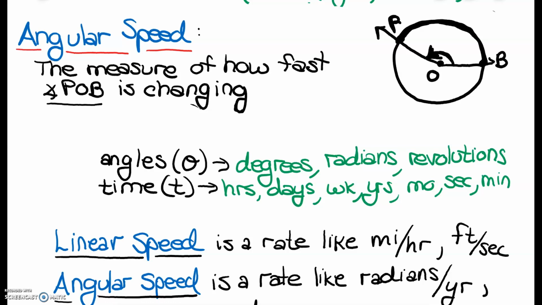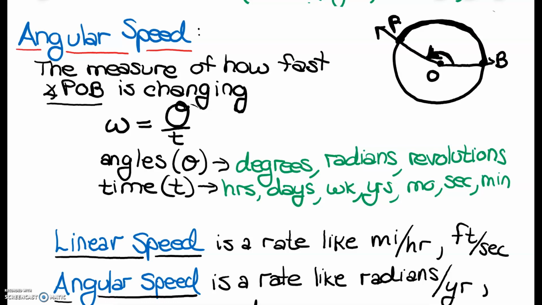The variable that we use for angular speed is called omega. It's a little fancy small w, and omega equals the angle that the object moved through over the time that it takes the object to move through that angle. So angles are measured in degrees, radians, revolutions.